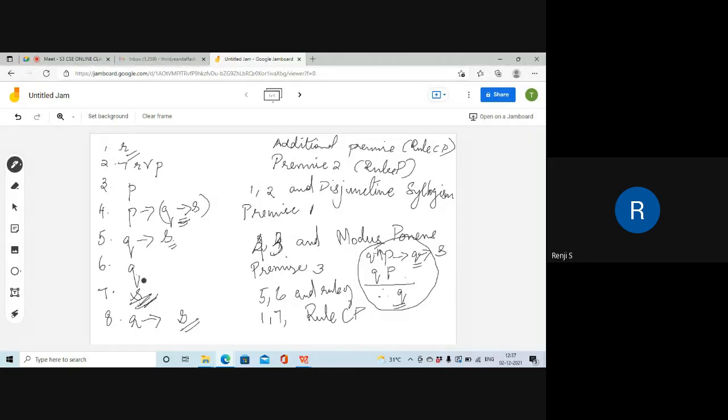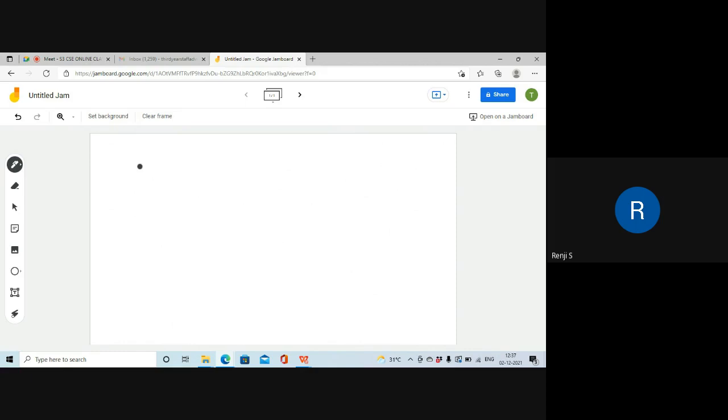So the validity of arguments has been proved. Then, any doubt? So our first method of proof was using rule CP, the rule of conditional proof.